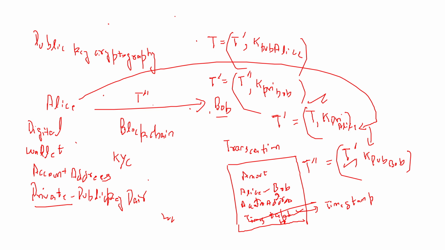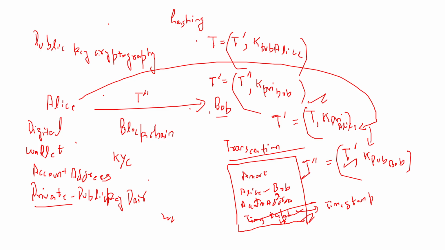Now what role does the hashing function play? Normally Alice does not encrypt the true transaction details. The transaction detail is not directly encrypted.